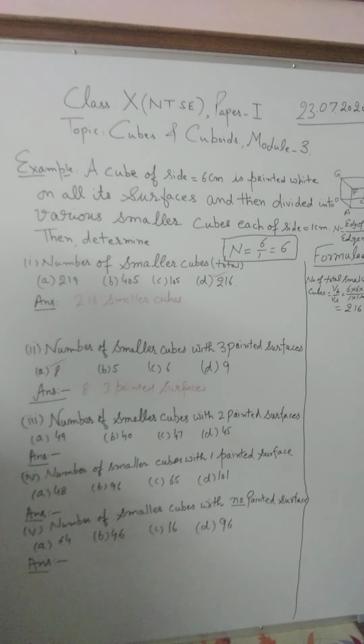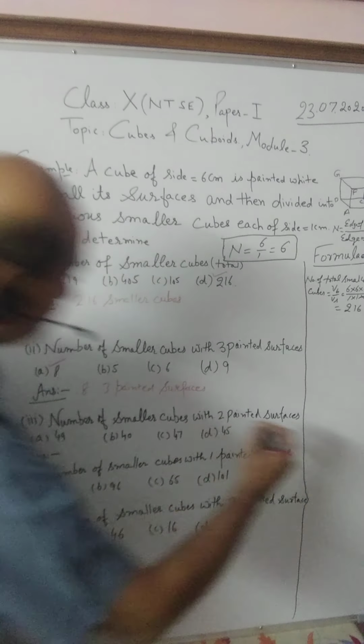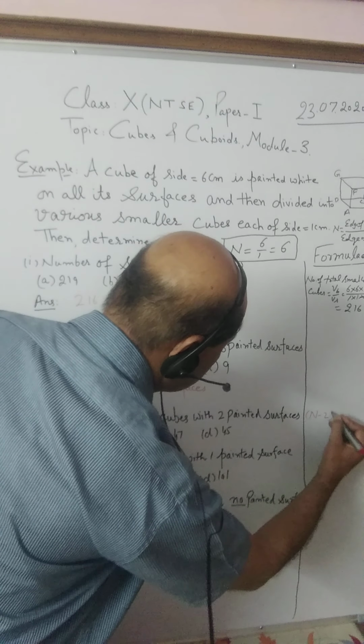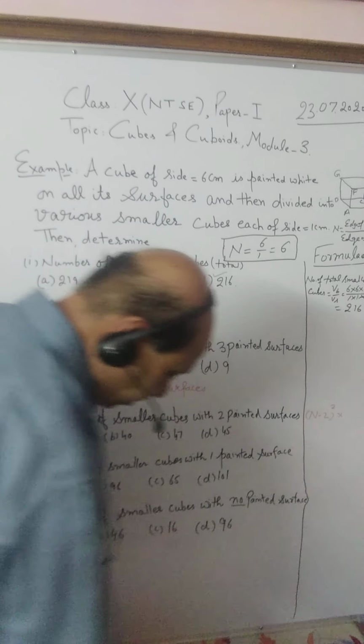Now next we have number of smaller cubes with 2 painted surfaces, and first we will write its formula, that is equal to (capital N minus 2) into 12.